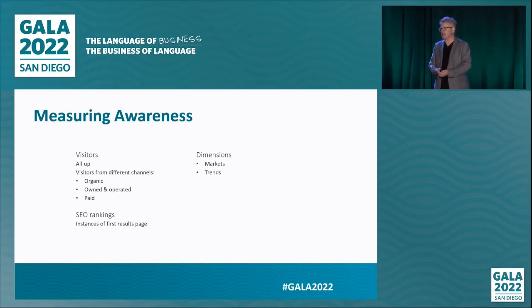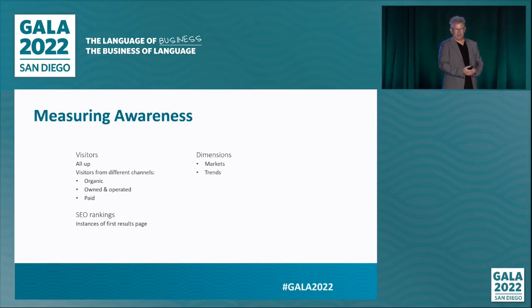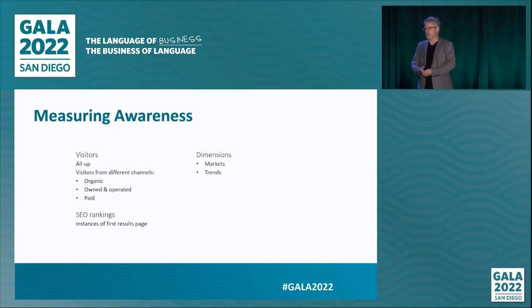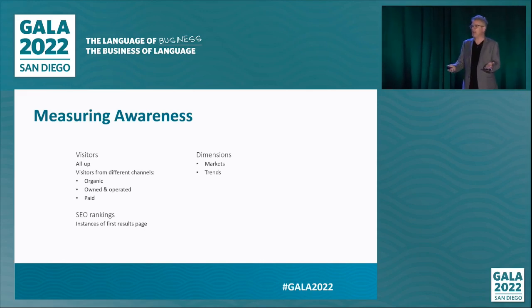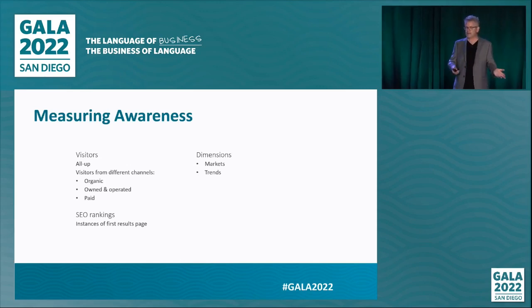So looking at visitors, you already need to get more granular there, right? Basically per market. So I'm pointing that out to the right there, the dimension. And as with so many data, just a snapshot in time doesn't really help you a whole lot. So you want to see the trends. I can tell you, without giving too much away, that, for example, at Microsoft, at the beginning of the pandemic with lockdowns, we saw very different visitor trends than we had seen before.